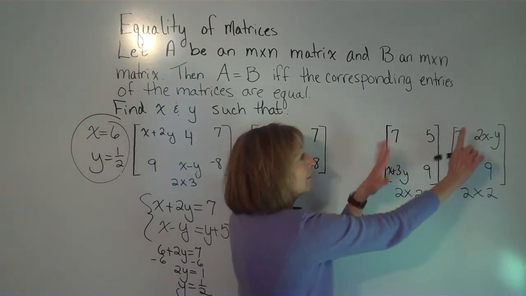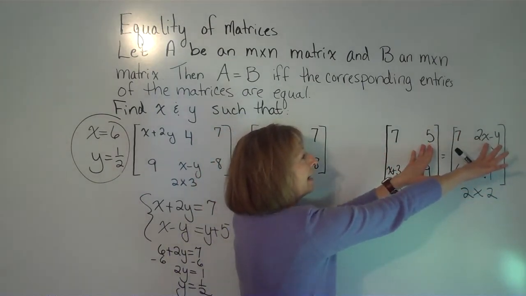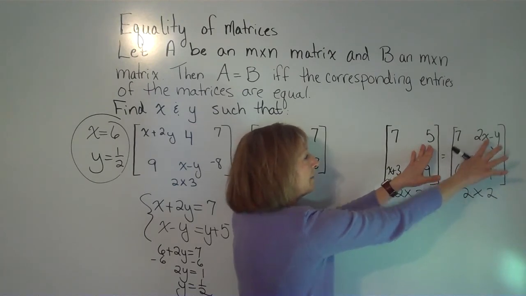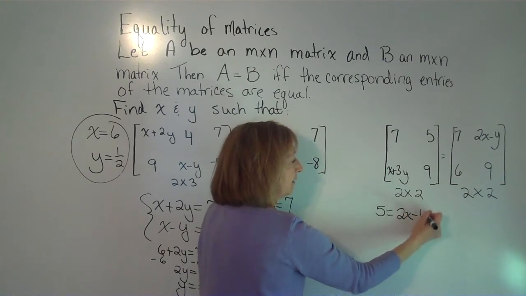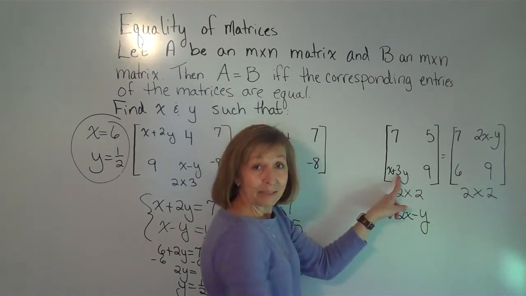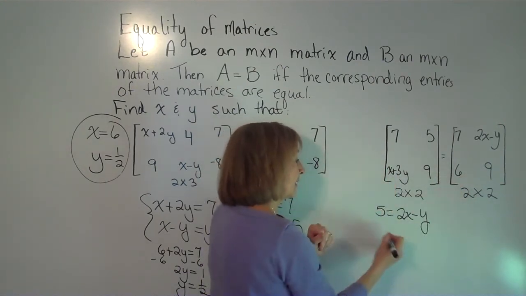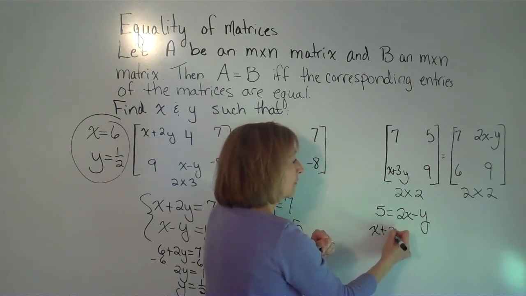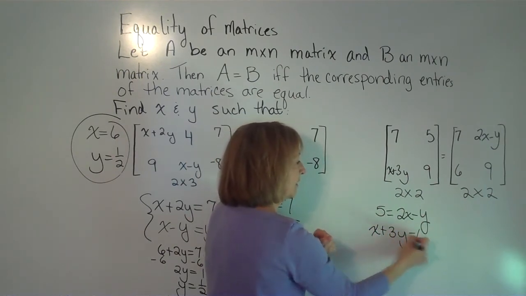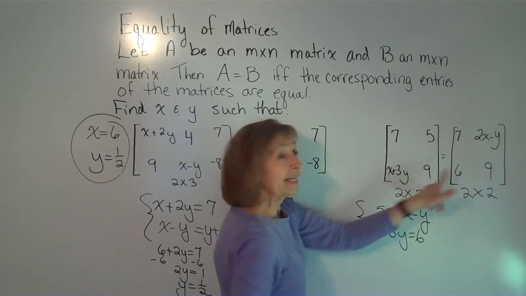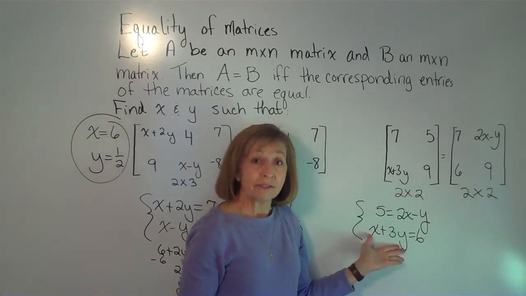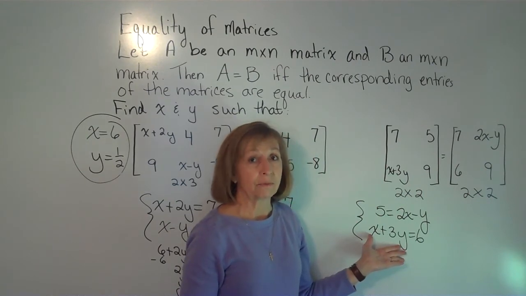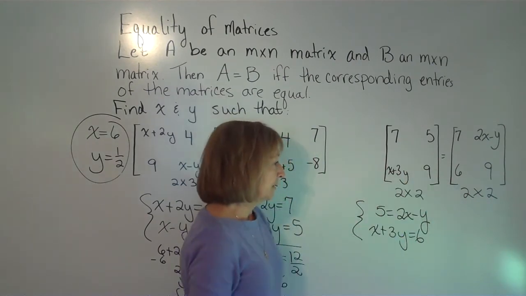So 7 and 7 are the same. 5 and 2x minus y have to be the same, so I'm going to write 5 is equal to 2x minus y. And the x plus 3y has to be the same as 6. So x plus 3y is equal to 6. And then 9 and 9 are the same. So I just need to solve this system of equations in order to find the x and y that makes these two matrices equal.